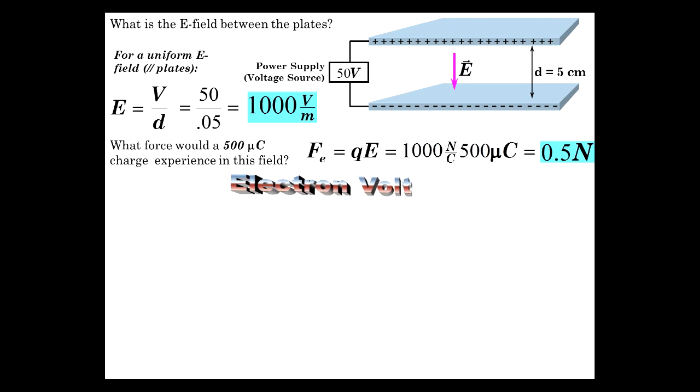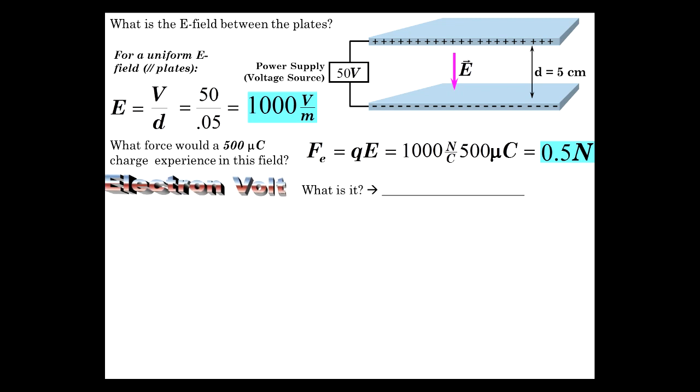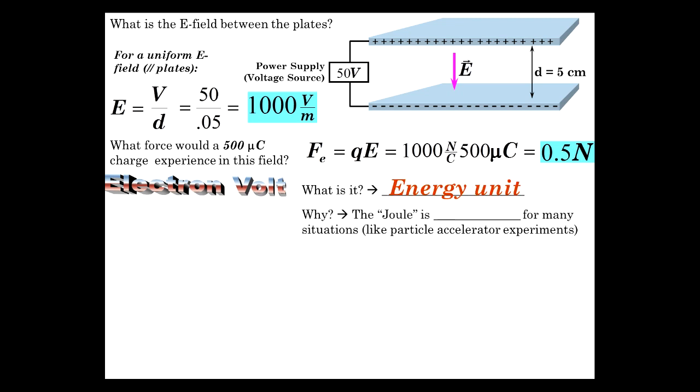And now I want to discuss briefly the electron volt, which is a unit of energy. It is an energy unit, and it's common in particle physics research because the unit of energy known as the joule is just a little bit too large to discuss the amount of energy associated with atomic particles or atoms themselves.